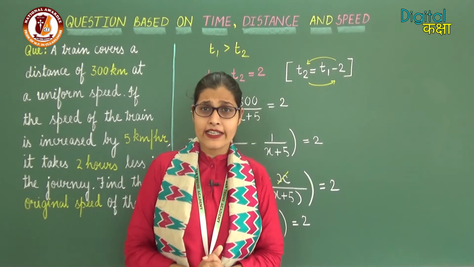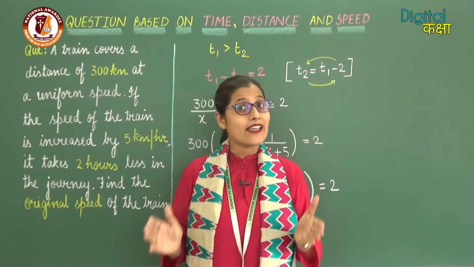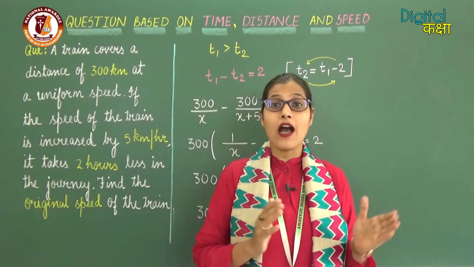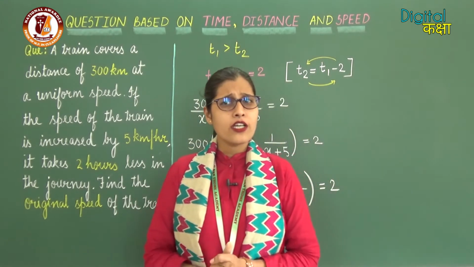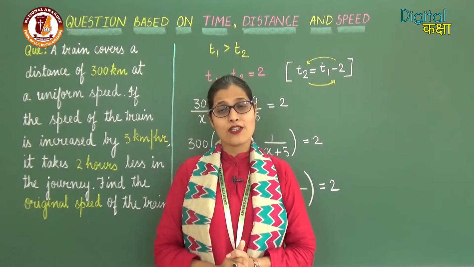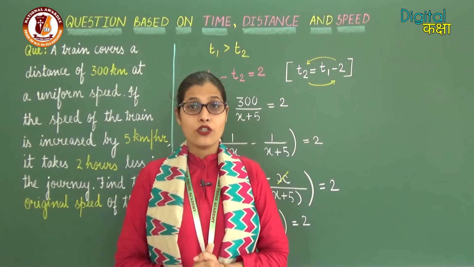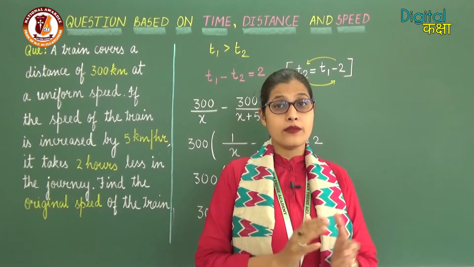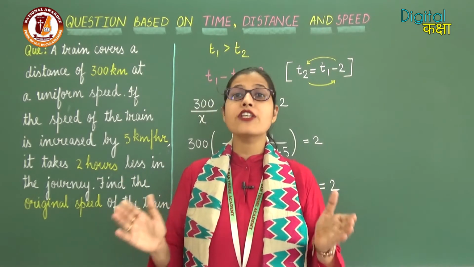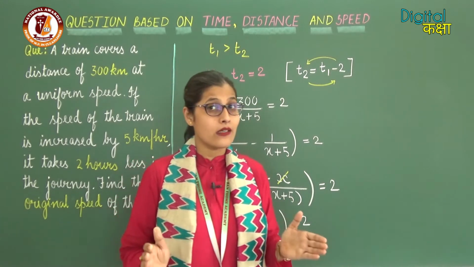In the second case, when the speed of the train is increased by 5 km per hour, it will take less time to cover the distance of 300 km as compared to the time taken by the train when it is moving with the original speed of x km per hour.